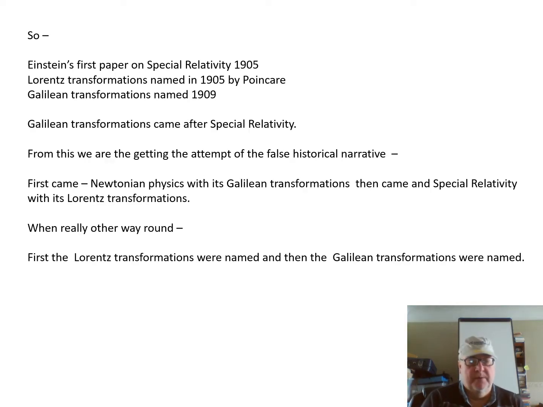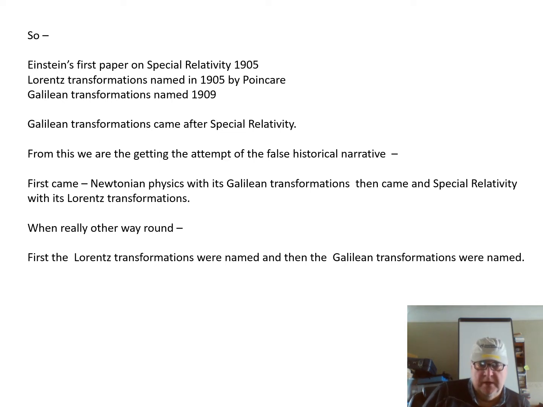So what we have from the actual history is Einstein's first paper on special relativity was 1905. The Lorentz transformations were named in 1905 by Poincaré, and the Galilean transformations were named in 1909. So the Galilean transformations came after special relativity.